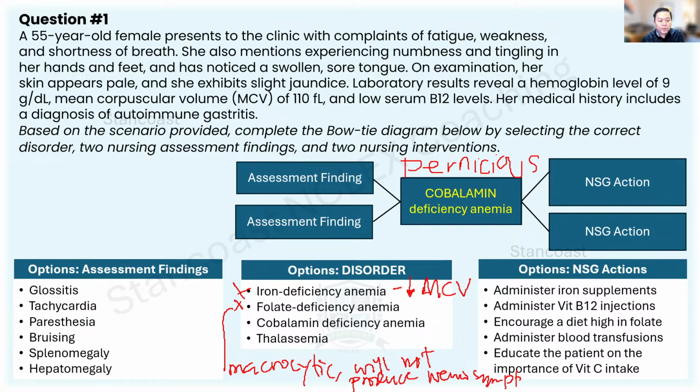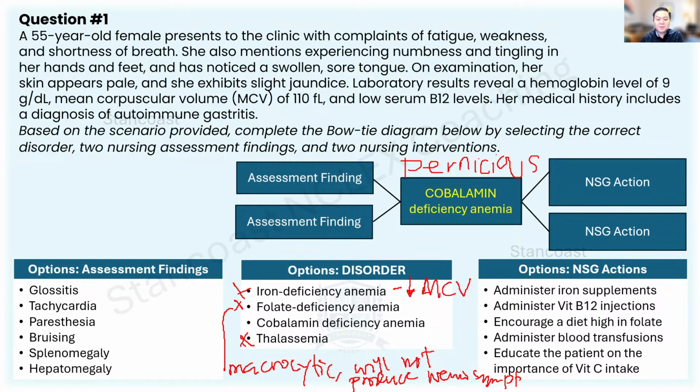Now, if you had answered the thalassemia, basically, this is another type of anemia. And this is a genetic form. This is going to cause a microcytic anemia as well, but will not present with the symptoms that we are seeing in the scenario. Okay, so we are going to eliminate the thalassemia as well.